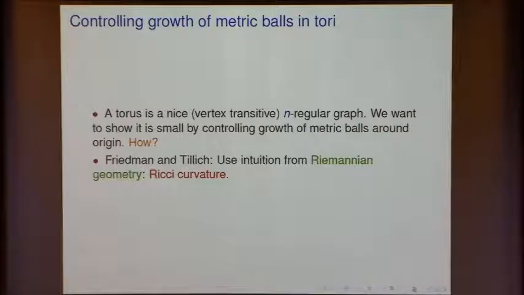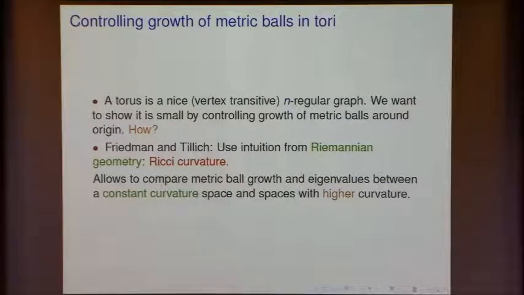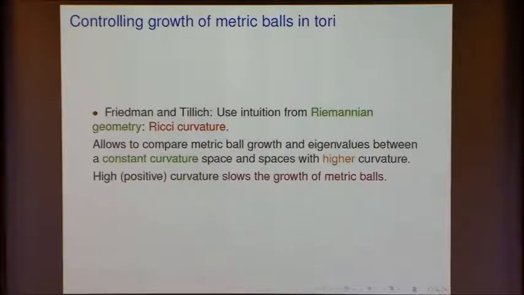And this notion allows us to compare the rate of growth of neighborhoods of a point and of eigenvalues of these neighborhoods between a constant curvature space and spaces which do not necessarily have constant curvature but have at least the curvature of the constant curvature space. The lesson to take from it: with high curvature, the metric balls grow slowly.